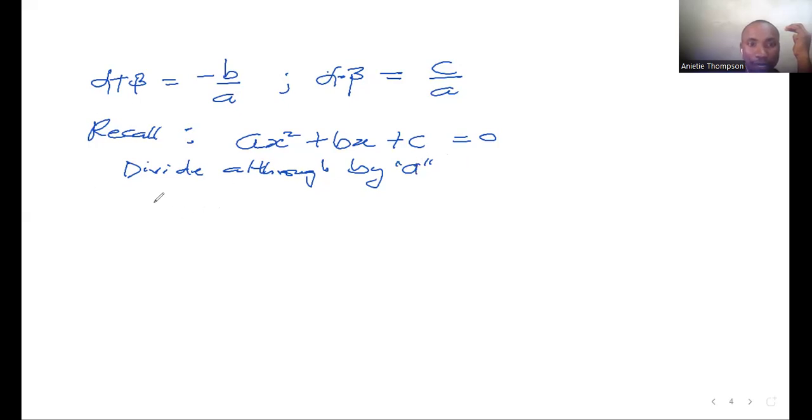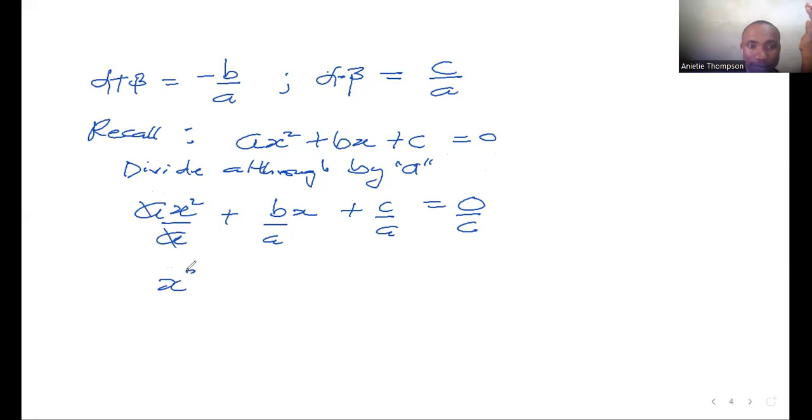If I do that, I will have ax squared all over a plus b all over a, then x, then plus c all over a equals to 0 over a, which is still going to be 0. So for clarity, let me still do it there. If I strike this out, you have x squared plus b all over a x plus c all over a equals to 0.